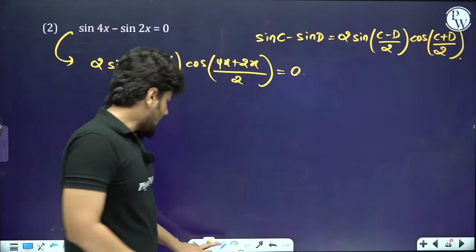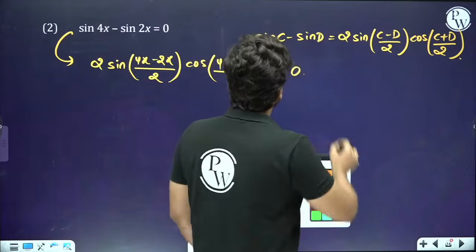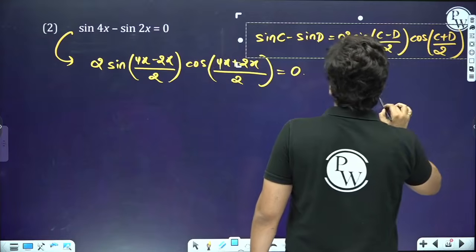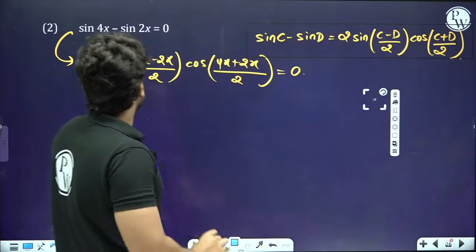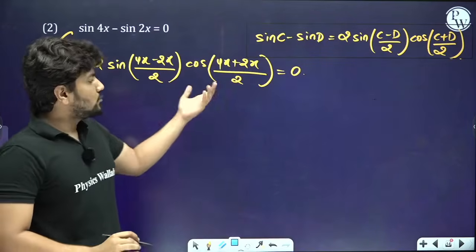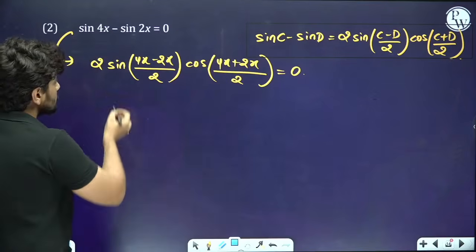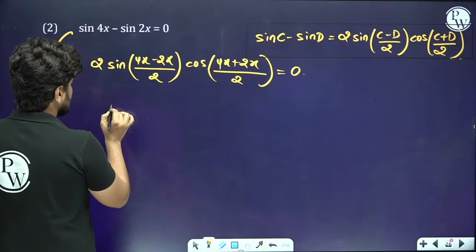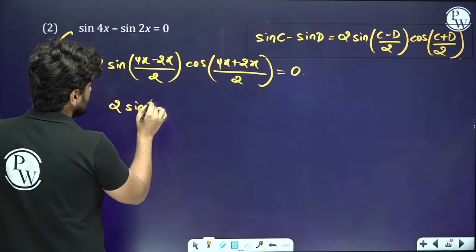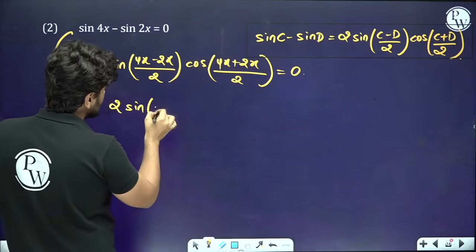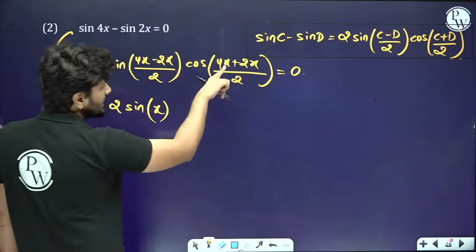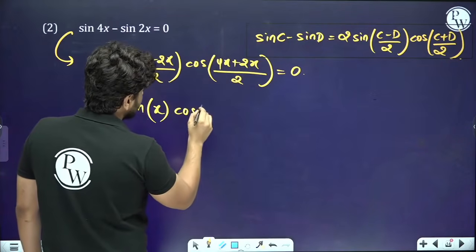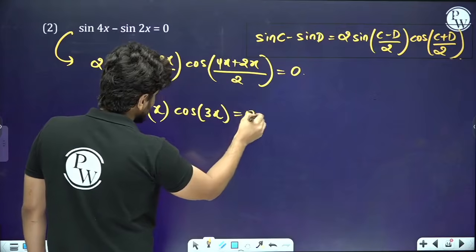So I have applied the formula for sin c minus sin d. 4x minus 2x will be 2x, 2x upon 2 will be x. So 2 times sine x, and here we have 4x plus 2x, 6x by 2, that will be 3x, multiplied by cos of 3x is equal to 0.